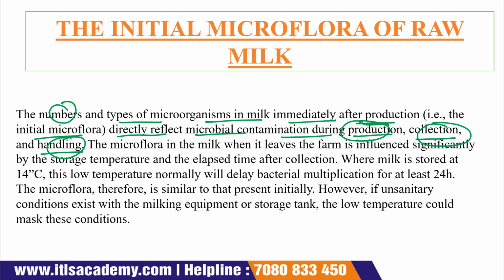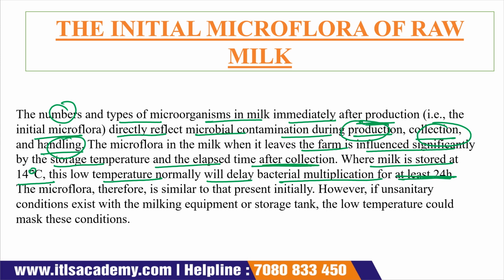The microflora in milk when it leaves the farm is influenced significantly by the storage temperature and elapsed time after collection. When milk is stored at 14 degrees Celsius, this low temperature normally will delay bacterial multiplication for at least 24 hours. If we store the milk at 14 degrees Celsius, it will delay the growth of microorganisms for 24 hours.